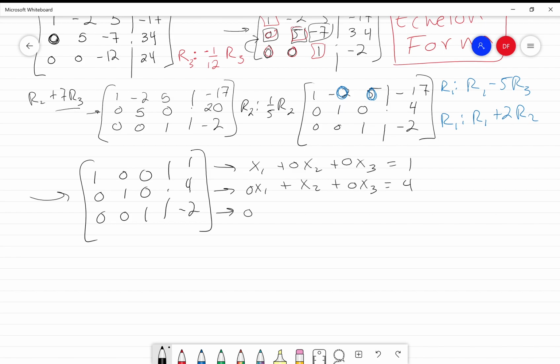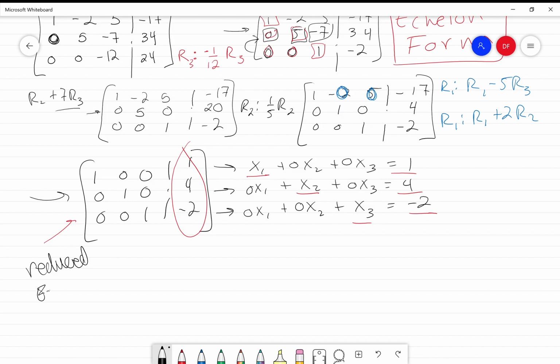And this one is 0x1 plus 0x2 plus x3 equals negative 2. So if we notice, x1 equals 1, x2 equals 4, x3 equals negative 2, which is exactly what's written right here. And this is the reduced echelon matrix.